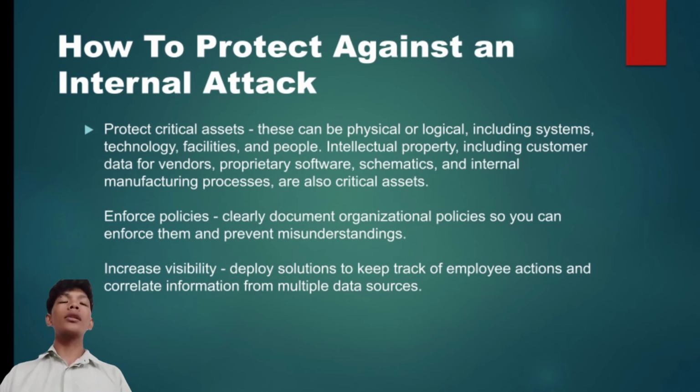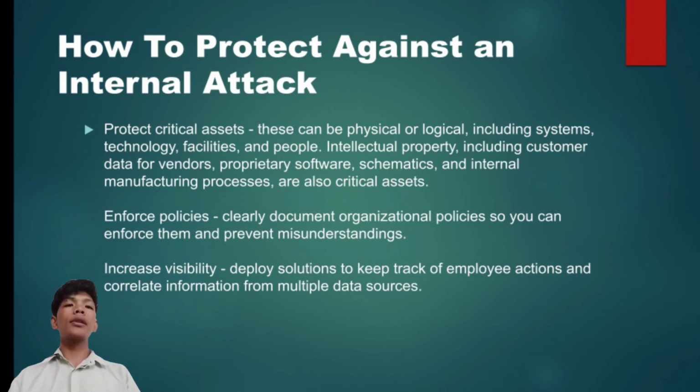So, how to protect against an internal attack? Protect critical assets. These can be physical or logical, including systems, technology, facilities, and people. Intellectual property, including customer data for vendors, schematics, and internal manufacturing processes are also critical assets.